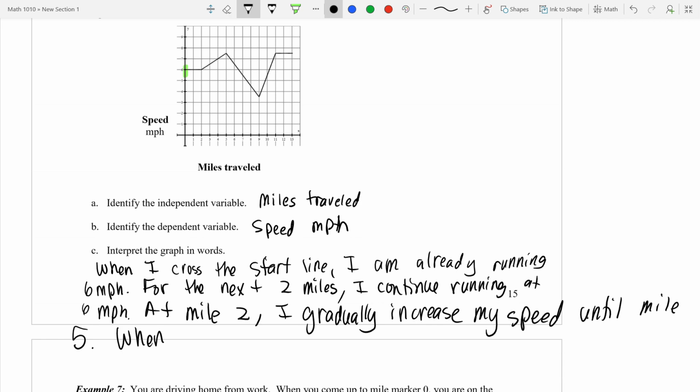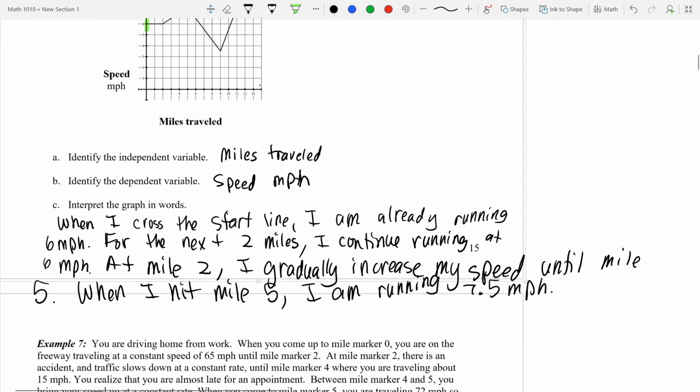When I hit mile 5, comma, I am running, tell me, about 7.5 miles per hour. What happens now? You start slowing down. You hit a peak, okay?